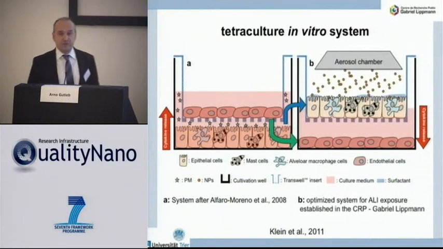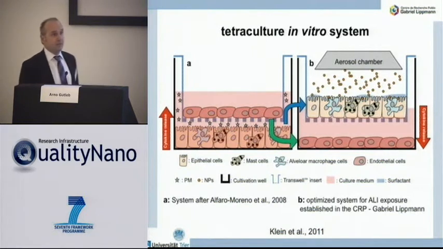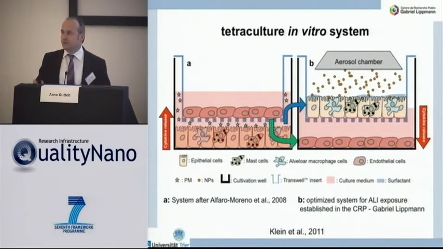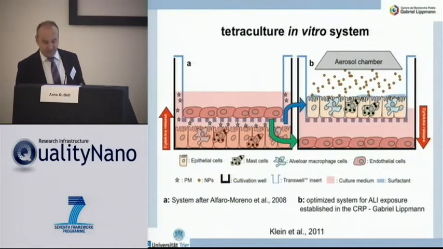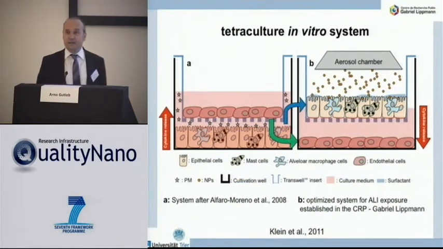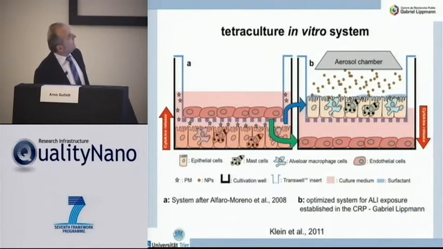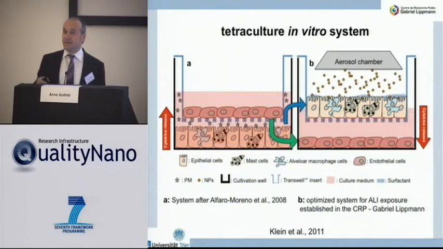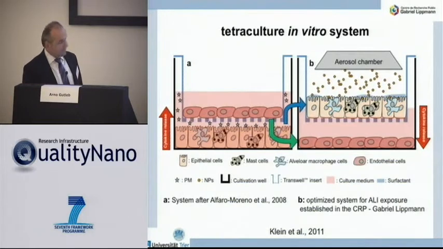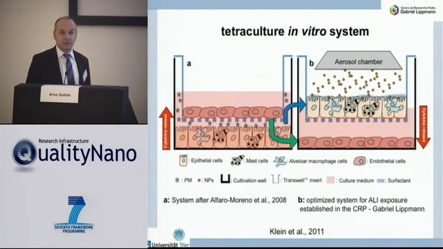So what the PhD student Sebastian did is, in the first attempt, he immediately saw this kind of disadvantage and he changed the system, seeding the endothelial cells in the six-well plate and having the other cell types in the transwell. What we use is epithelial cells, the A549, that is quite well known.